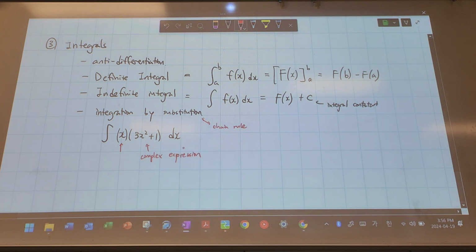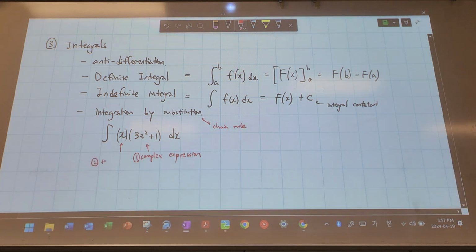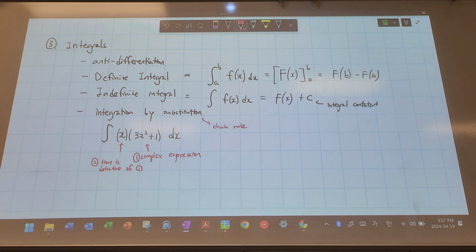Okay, that's my first train of thought. And then my second train of thought is that, two, there is a derivative of it outside, living there. So in this case, I know that there's a complex expression 3x squared plus 1, but I also see that there's an x, which is a derivative of it.